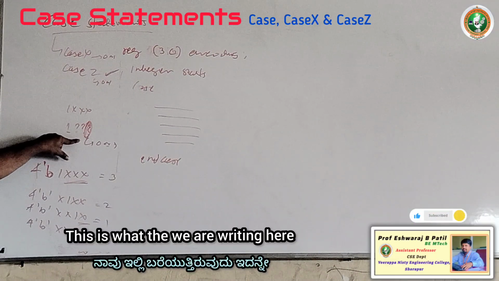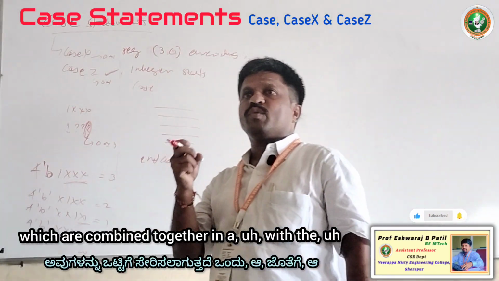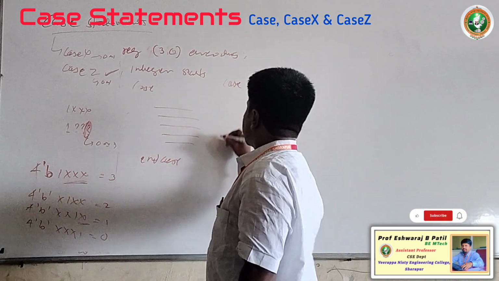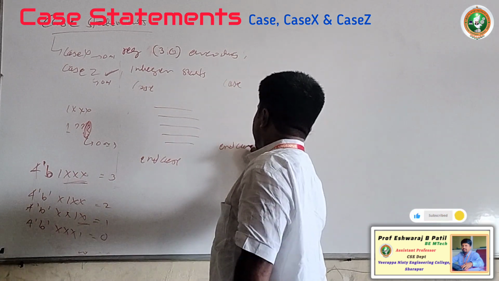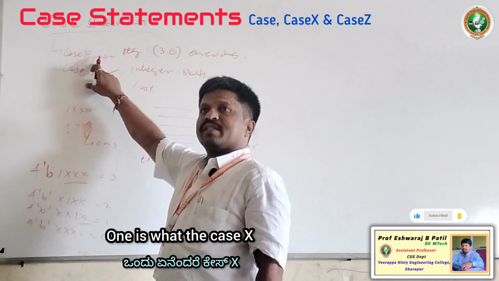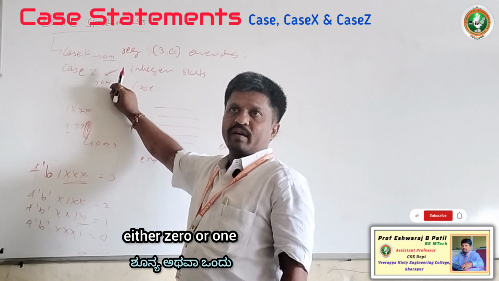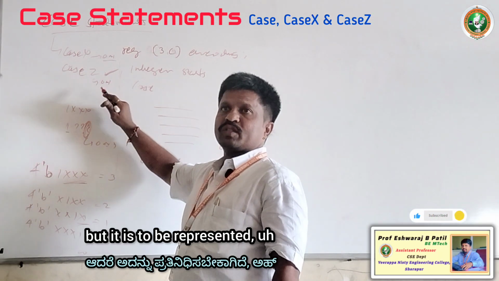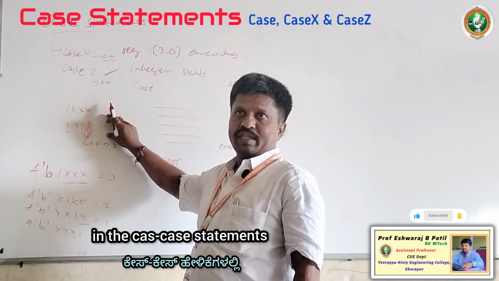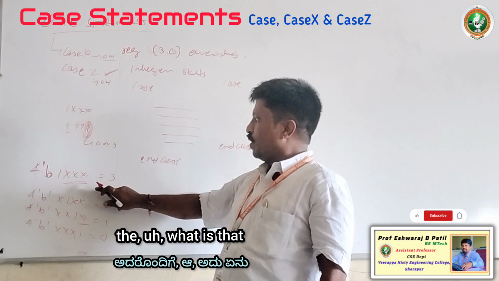The case statements are a number of statements combined together within the case start and the endcase. These have two variations: one is casex, another one is casez. Casex can have the two values, either 0 or 1. Casez has the same values, but it is represented with the question mark wherever you write it in the case statements.